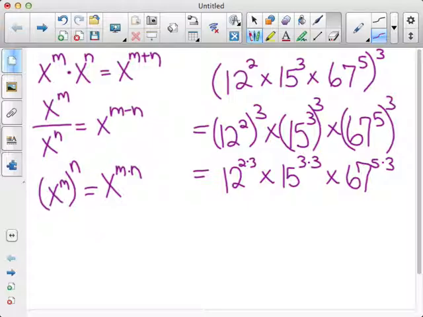Although this isn't particularly helpful in this case because it's numbers and we could just punch this into a calculator, when we have algebra, this will be much more helpful. So let's calculate it all out: 12 to the 6th times 15 to the 9th times 67 to the 15.